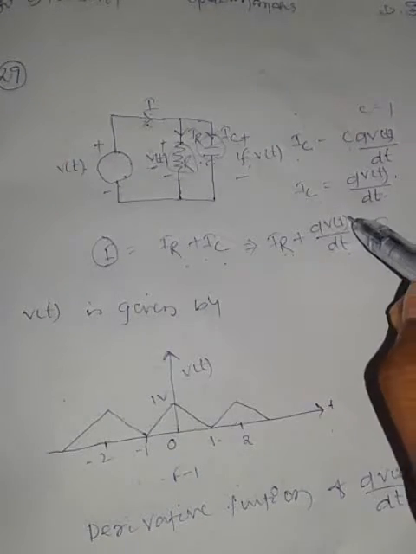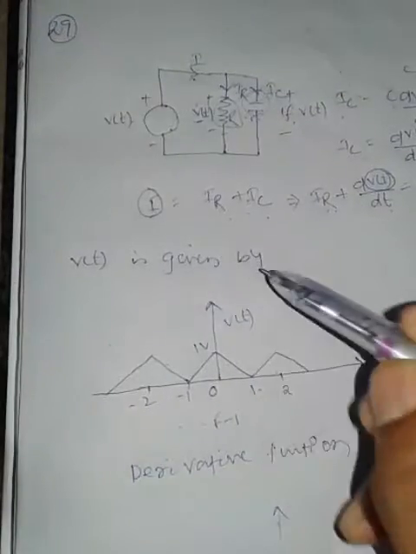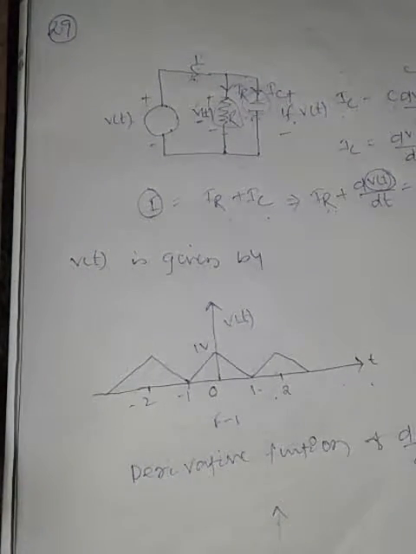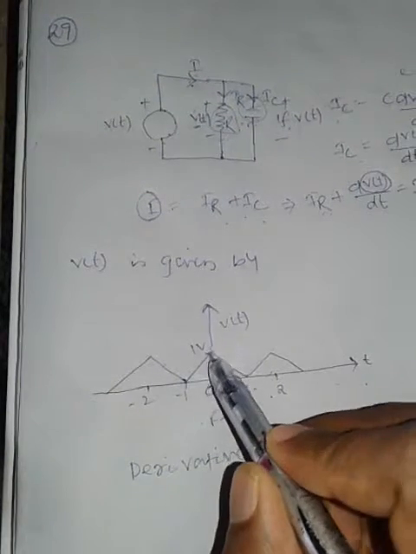And this V of t they have given in the figure, because they have told in the question that this is a triangular waveform. So the peak value will be 1 volt.